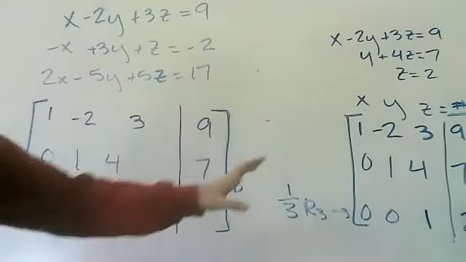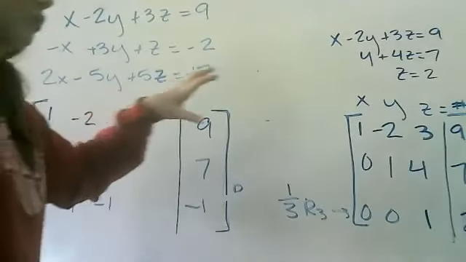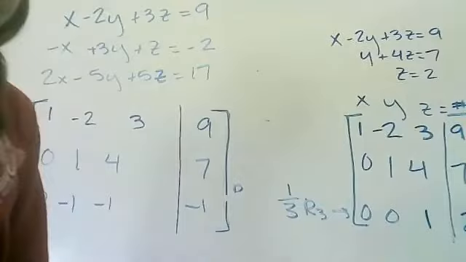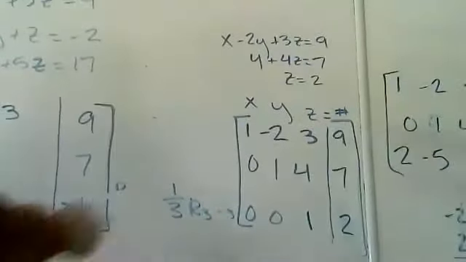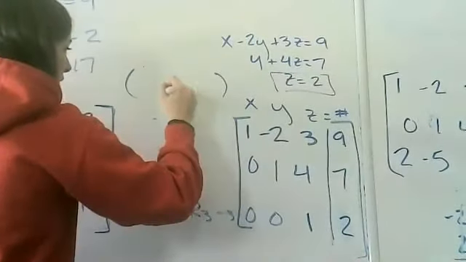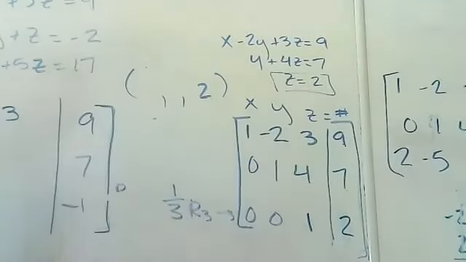Our matrices is what allowed us to take all the variables out of that, focus on just the numbers, and solve to get these solutions here. So you will still have to back substitute. While I have my z value, I still need my x and my y.